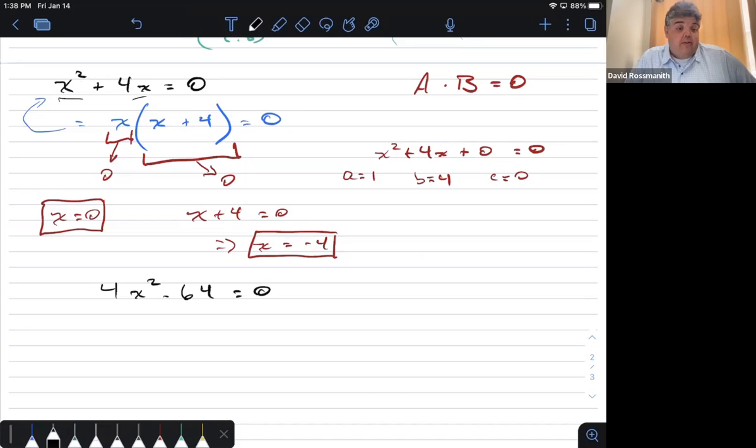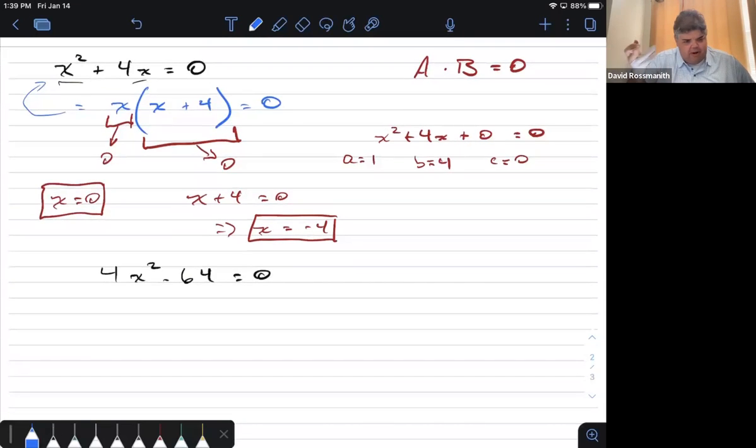Again, I have an x squared sitting there, so it looks kind of like it's quadratic, but notice I don't have that linear term, the term that just has an x by itself. How do I do this? This is a nice straightforward square root style of problem. So what I would do here is bring the 64 over, bring the constant, the number, over.